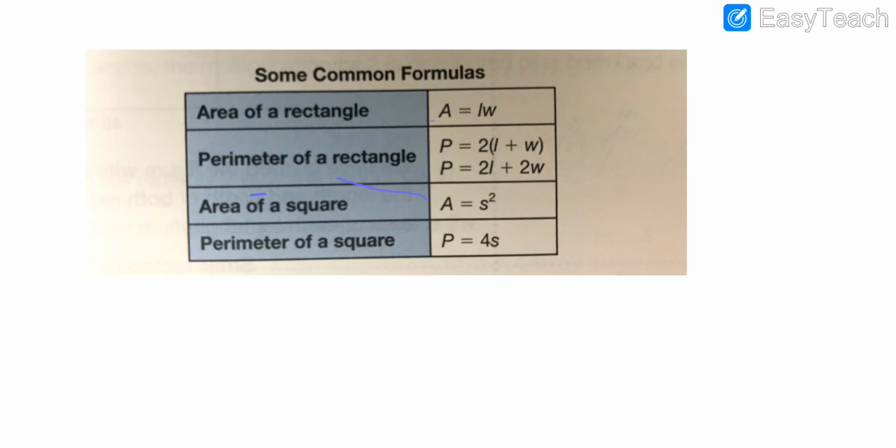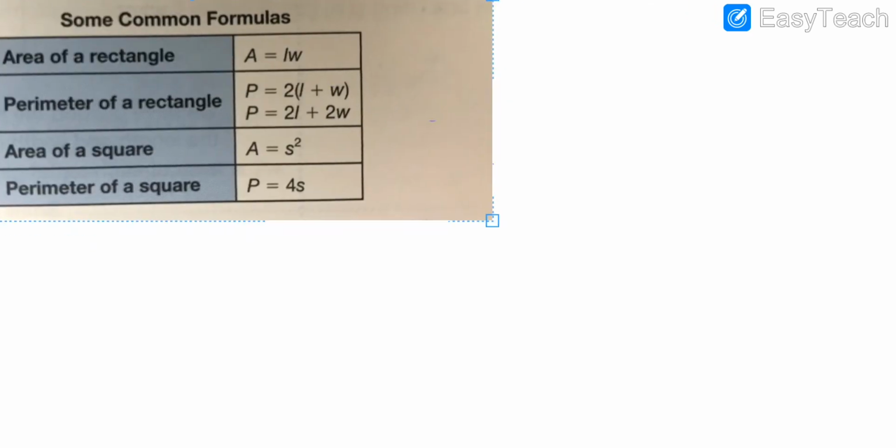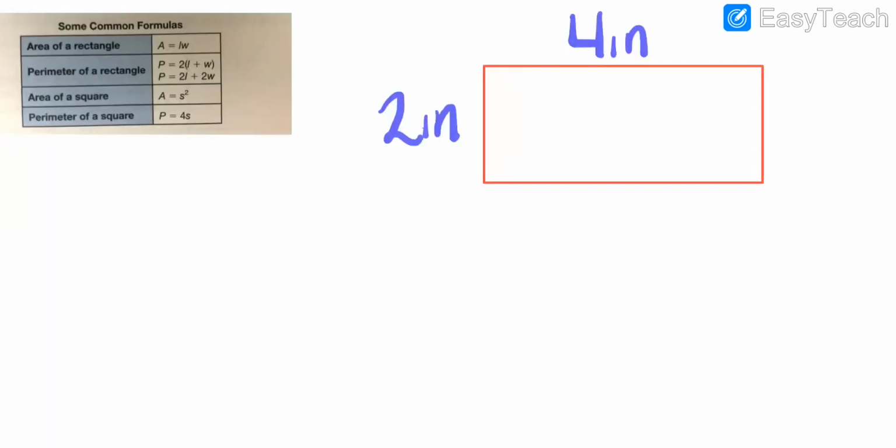Okay? So I already showed you an example of area of a rectangle. So let's look at an example of the perimeter of a rectangle. Using the same or similar rectangle like I did in the first example, if I had a rectangle that was 4 inches long and 2 inches wide, and I wanted to find the perimeter of that rectangle, I can use the formula like what is in the table.